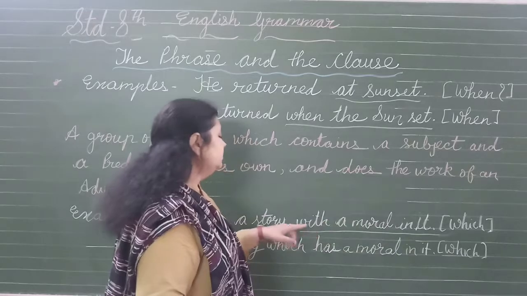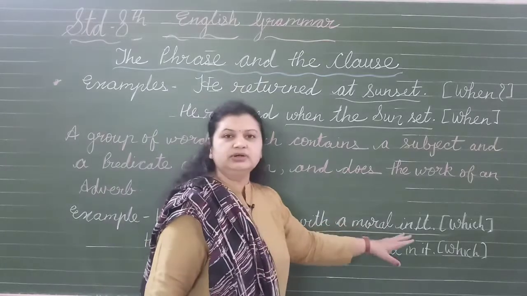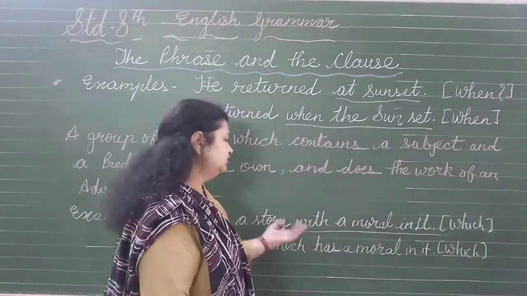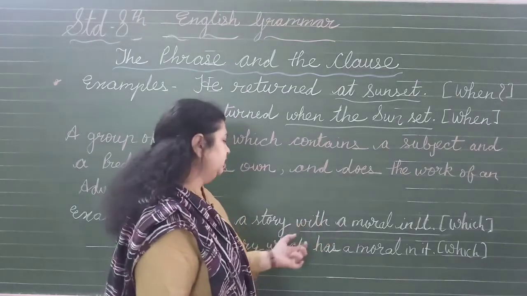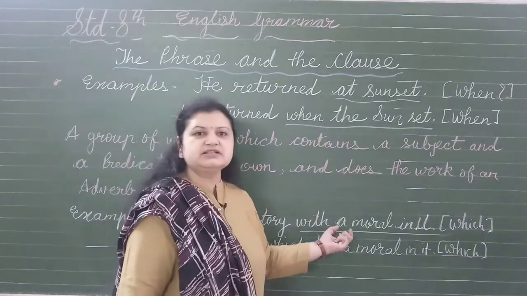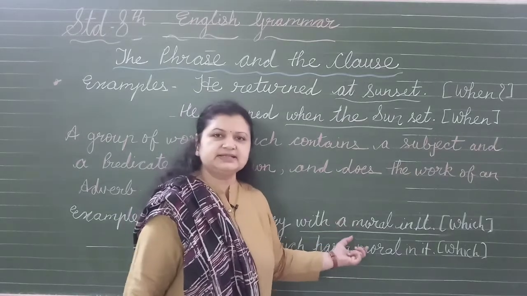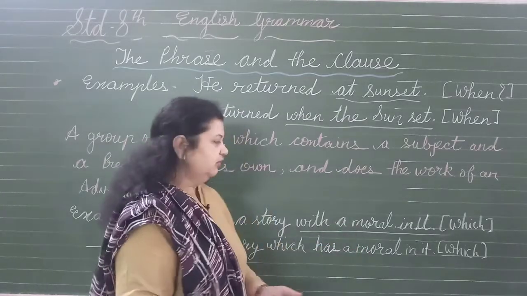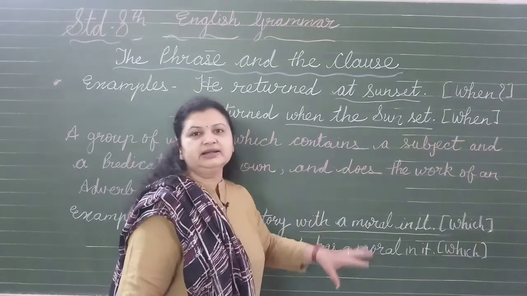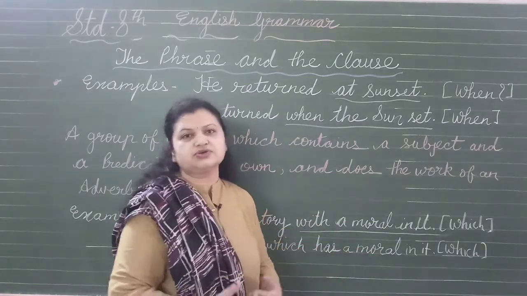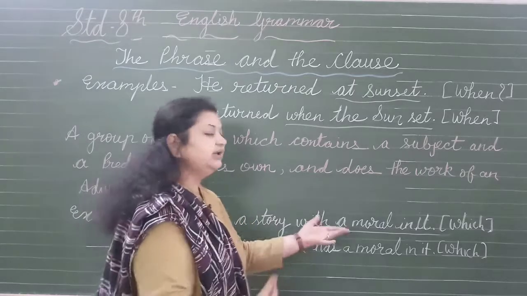So here "with a moral in it" is called a phrase, because obviously it does not have a subject and predicate part. It is a group of words which does not have complete sense but just has a sense. So it is called a phrase, and it is working like an adjective: what sort of story he likes, with a moral in it.